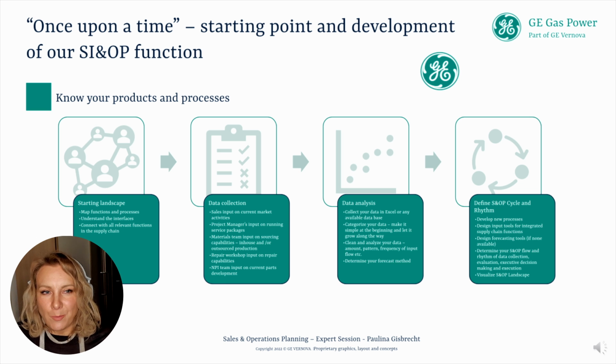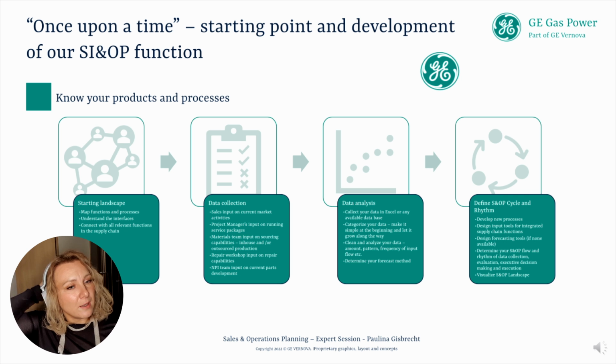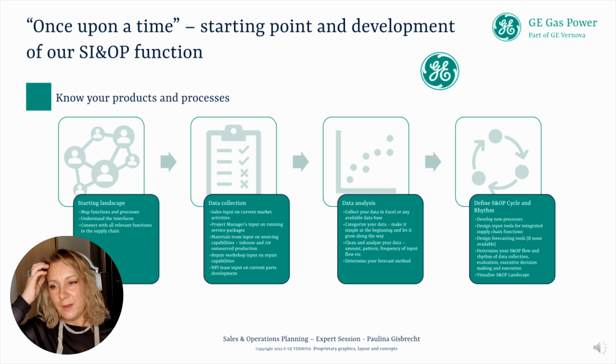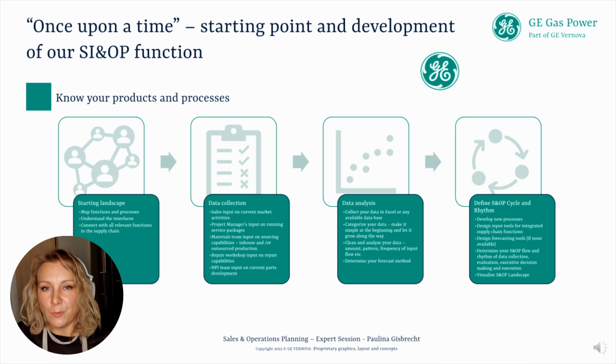So this is how I approached the problem. I firstly mapped the processes, found the interfaces, connected the functions. Then I collected data from each of the functions. I eventually categorized and analyzed the data. And then I defined new processes and integrated an S&OP cycle in our product line.